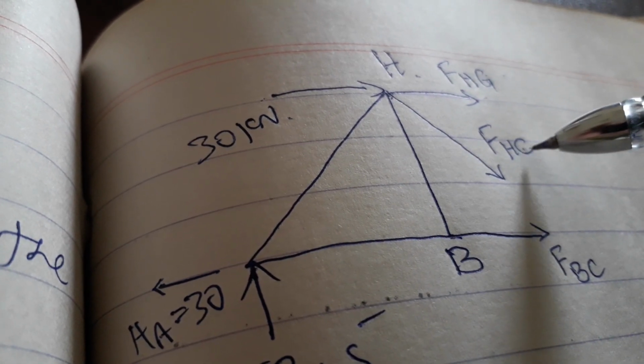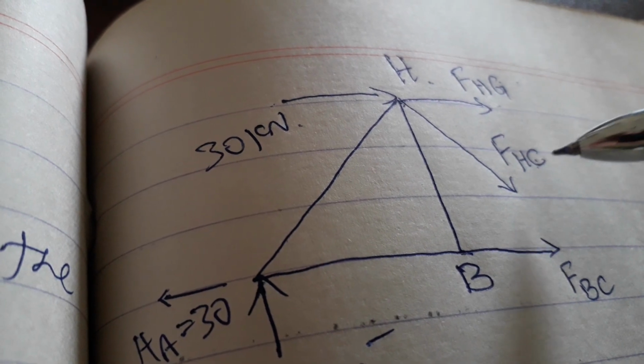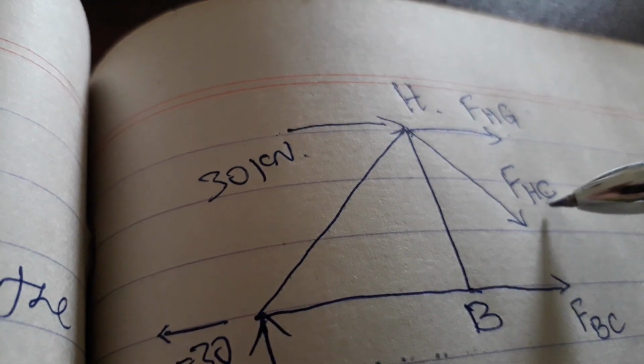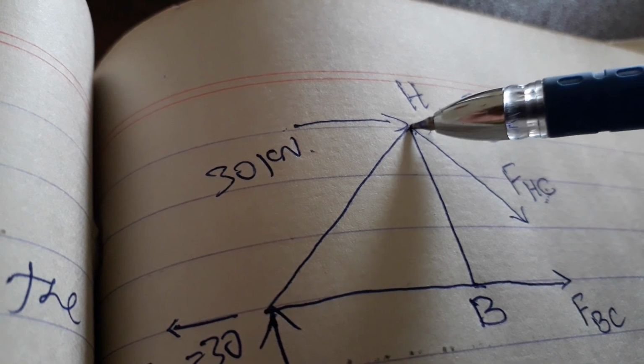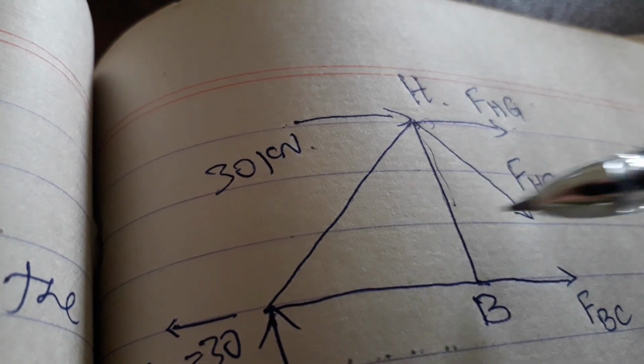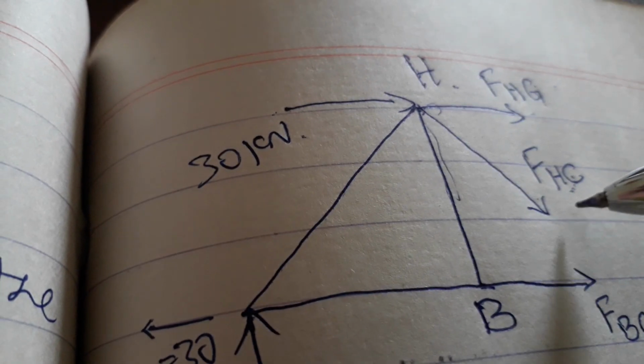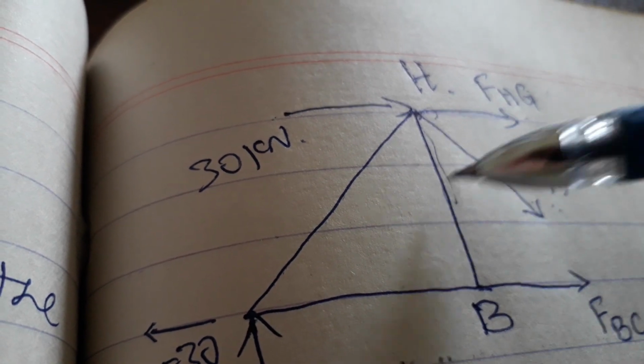When you take the components of FHC, one will be vertical downward because it is negative. This is in the fourth quadrant. In the fourth quadrant Y is negative, so this will be like this.